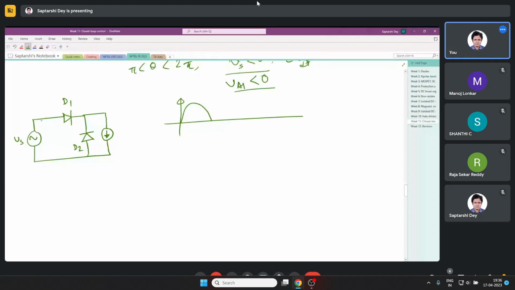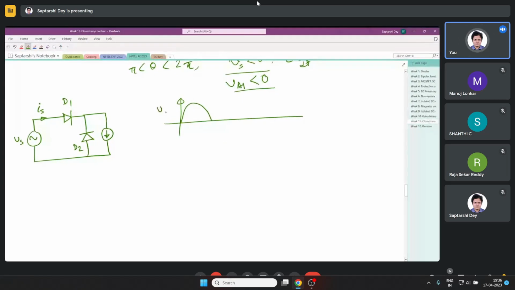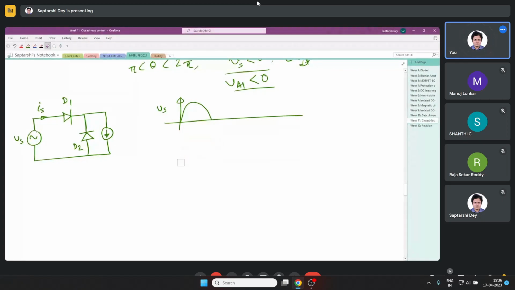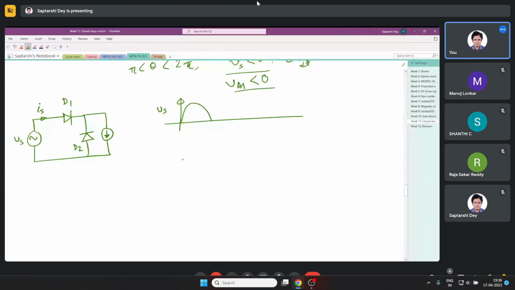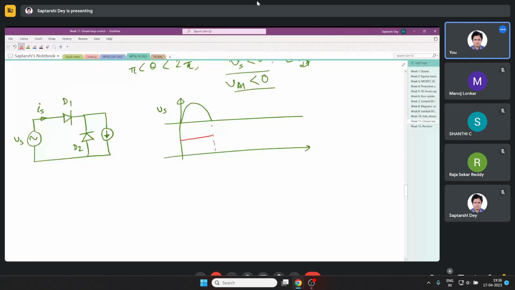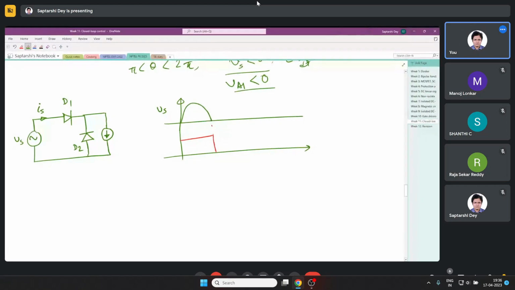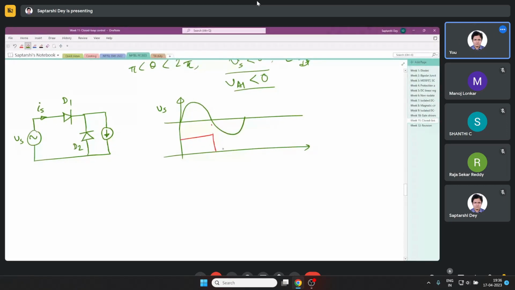Now if I draw IS, the source current, this was my VS. When the source voltage is positive, then only D1 is conducting, so it is like this. And when the source voltage is negative, the source current is 0.